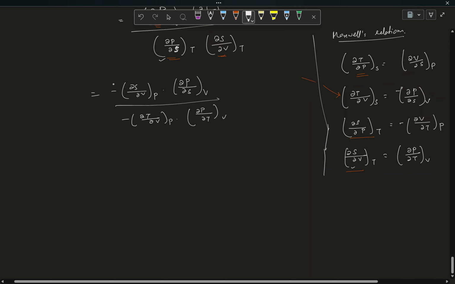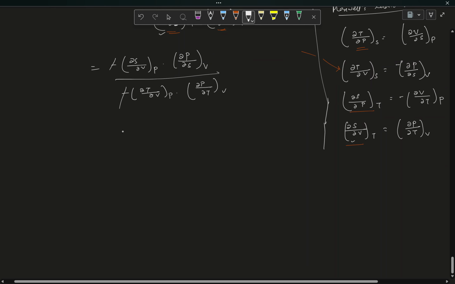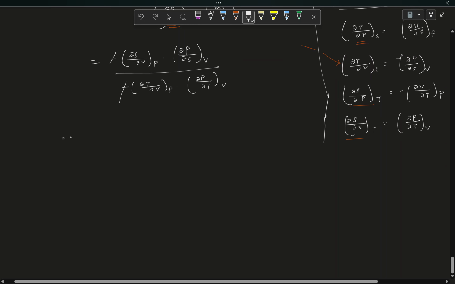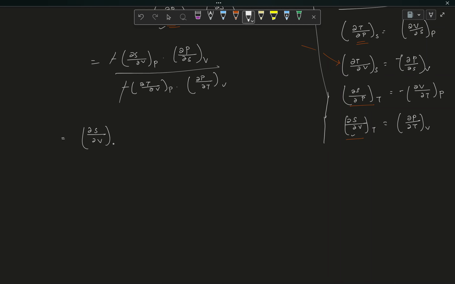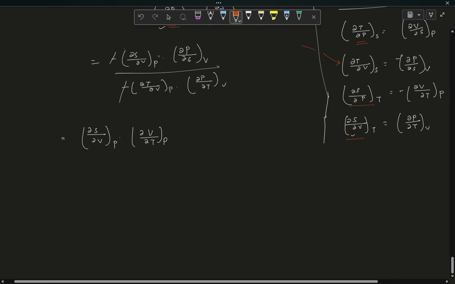So this minus and this minus are cancelling out. So what you have is del S del V at P constant, and you have del V del T at P constant. So basically we separate out some of the terms now, because both these two terms have the same constant variable P, so we take them together.